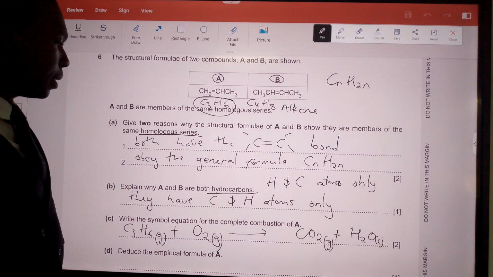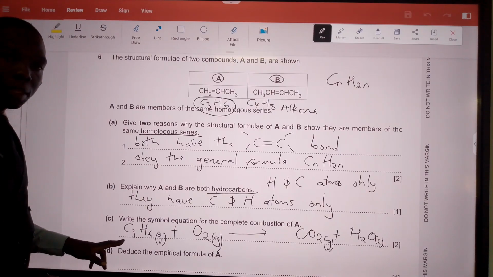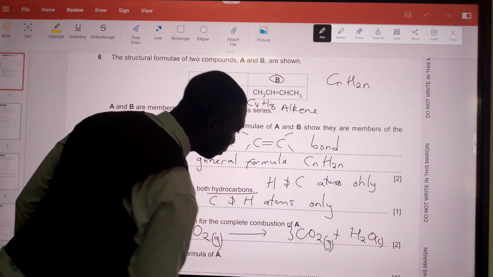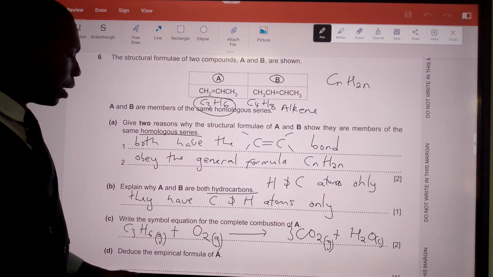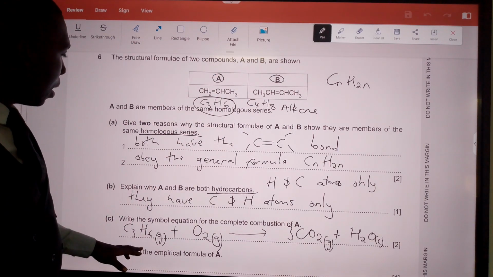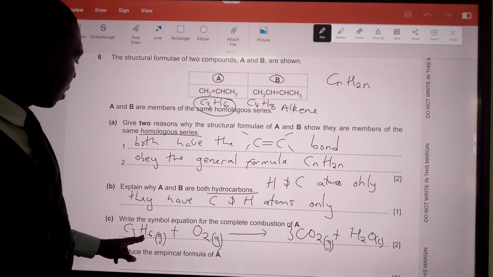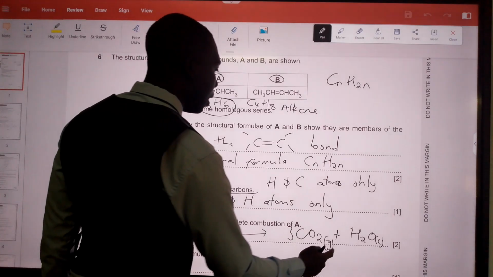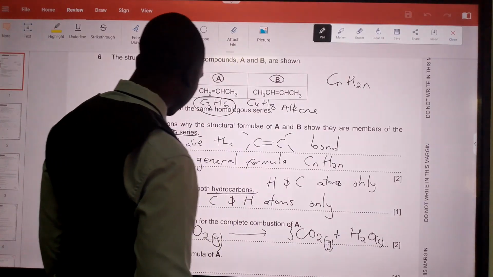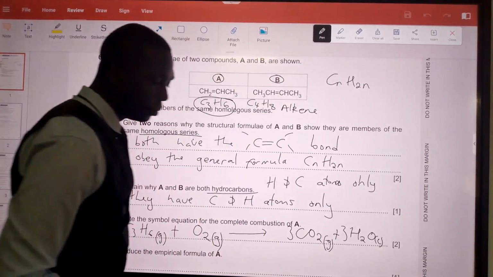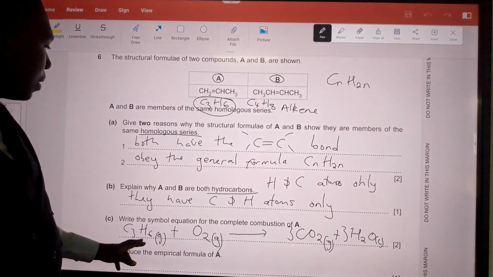Then we need to balance the equation. Here we have 3 atoms of carbon, so you are going to put 3 here. Hydrogens: here we have 6, and this side we have 2. In order to balance, we introduce a 3 here, so that the hydrogens are balanced.